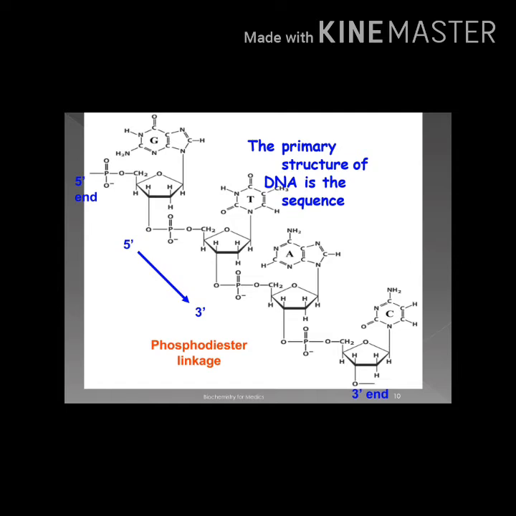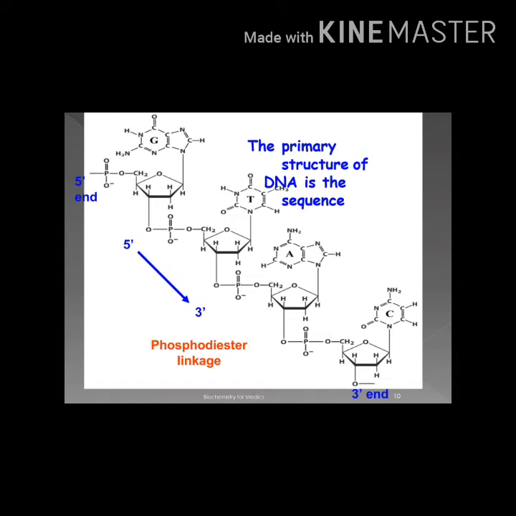So to specify its polarity, 5 prime to 3 prime, DNA is defined in order to understand where the 5 prime phosphate group is located and where the 3 prime OH group is located.